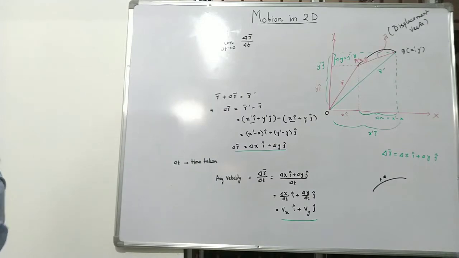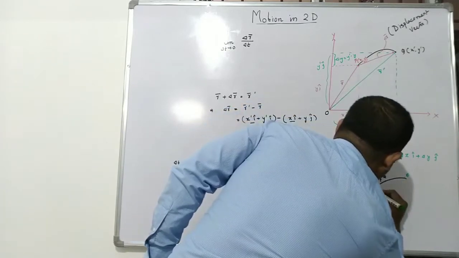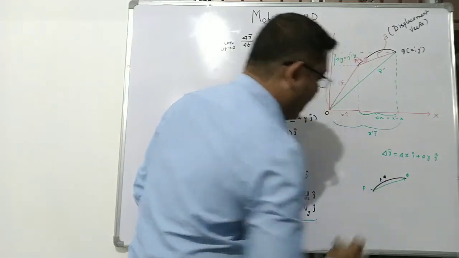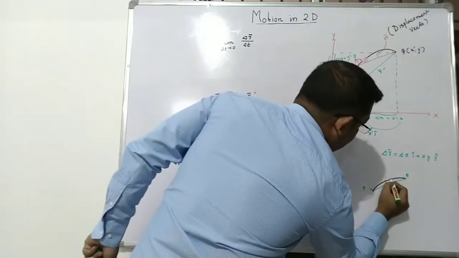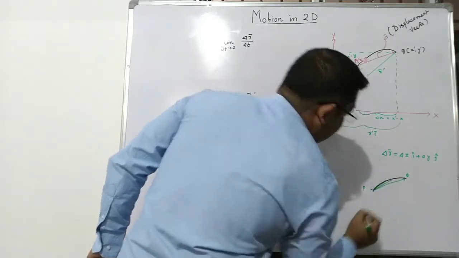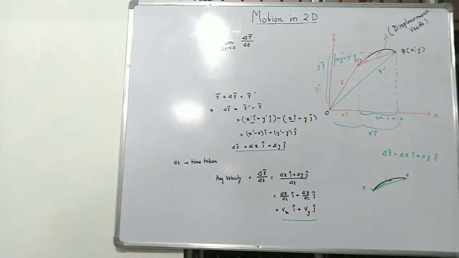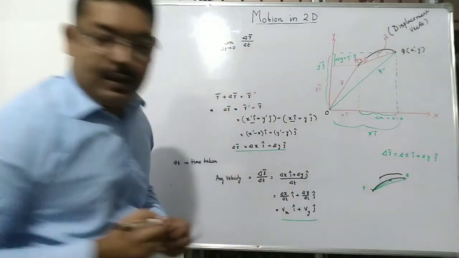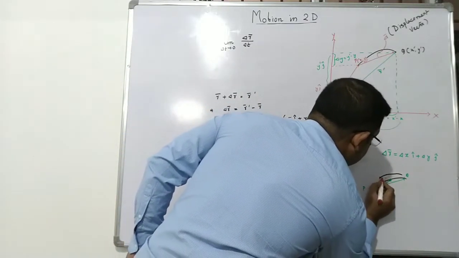Now if you look at this, when P was here and Q was here, this vector was the displacement vector. When Q came closer to P, the new position of Q is this, and then this will be the displacement vector. If I move Q closer and closer, when in the limiting case Q reaches almost P, then the direction of displacement will become tangential to the path.